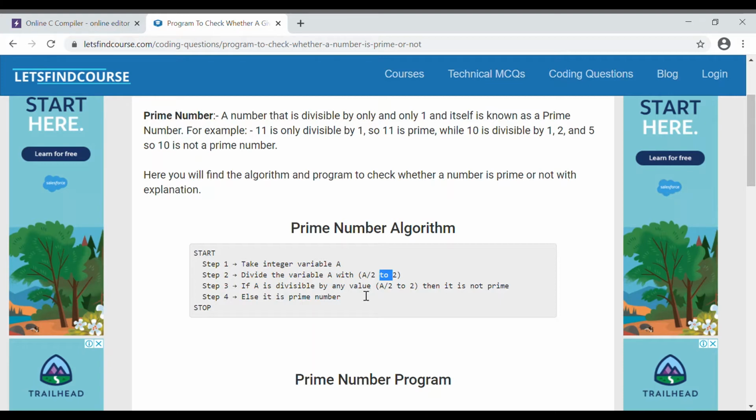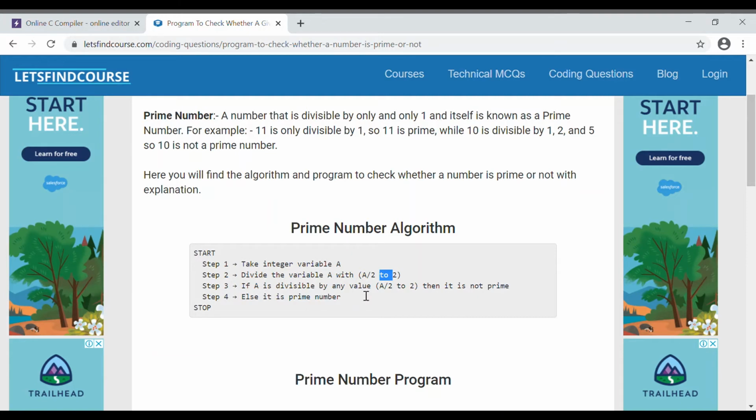If the number is not divisible till 6, then it will not be divisible by 7, 8, 9, 10, 11 either. If you double the number, it will be 6 to 12, and 11 is less than that.